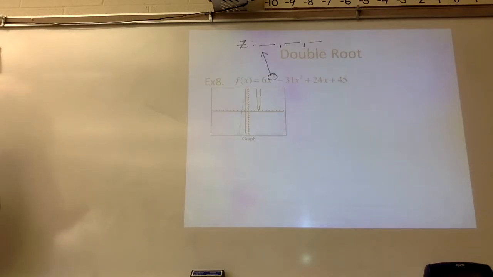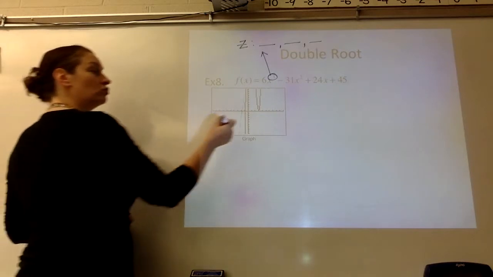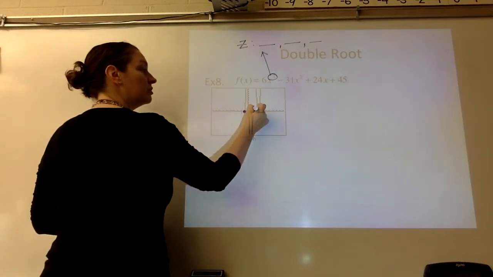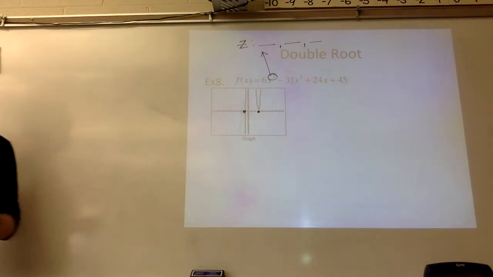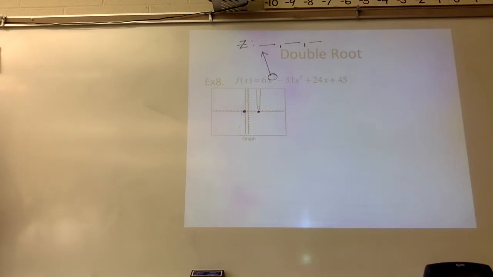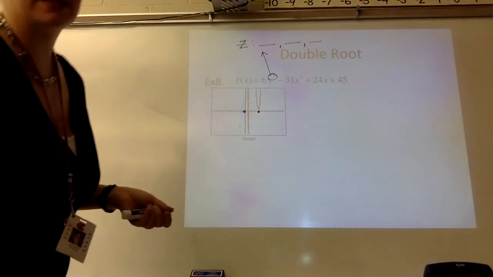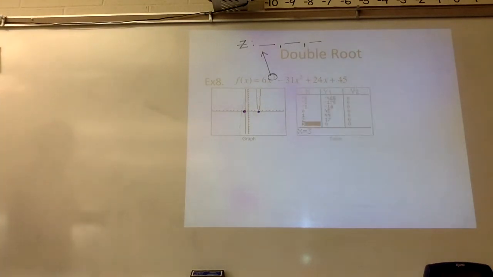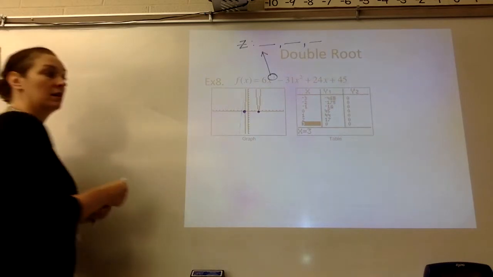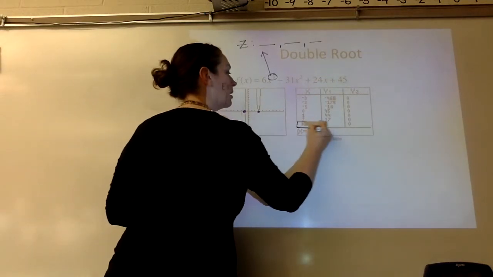How many zeros? Jordan? 2 of them. Okay, so then we go into the table. Fantastic. So we go into the table, and I find a 0 where? At 3.